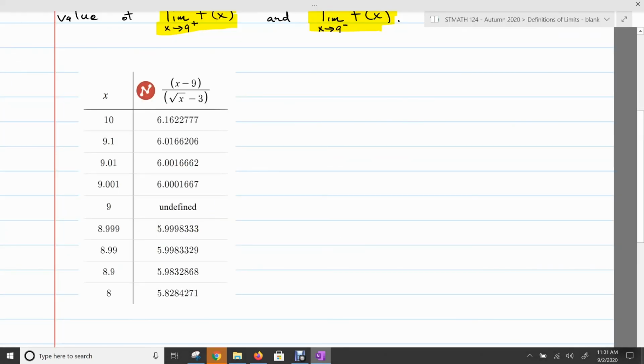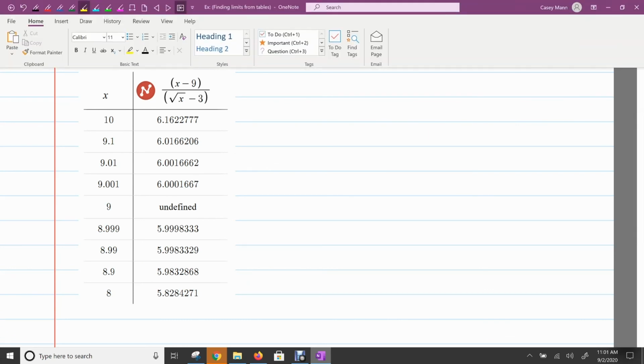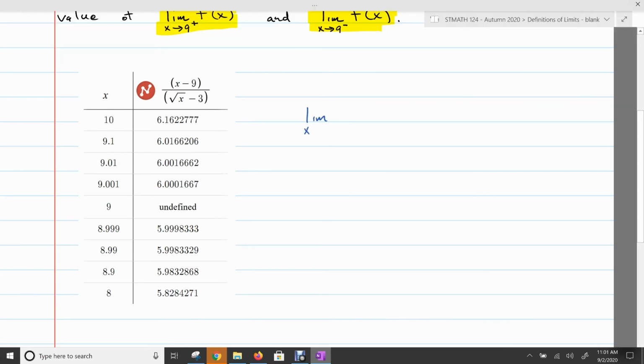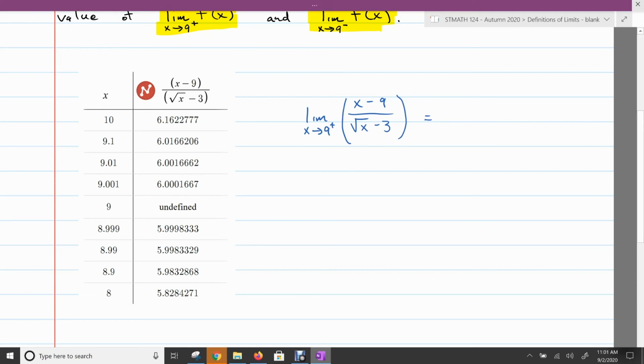Okay, so let's think about the right-hand limit first. The limit as x approaches 9 from the right-hand side. And this time the function that we're examining is x minus 9 over square root of x minus 3. Well, the values of x that are larger than 9 but getting close to 9 in this table are these ones, right? Here in yellow, they go from 10 to 9.1 to 9.01 to 9.001. I can see that those values of x are close to 9 but not equal to 9, getting closer.